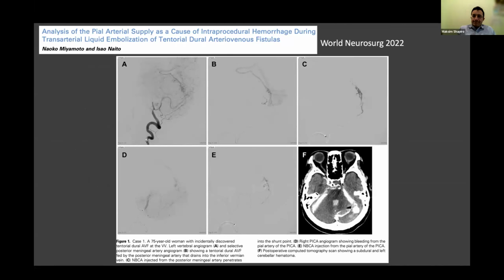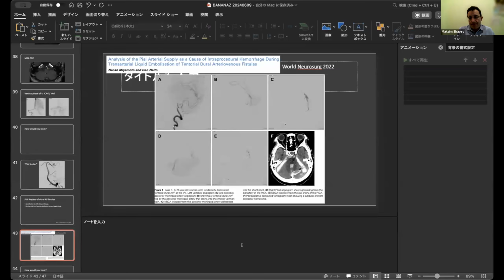We have one case among many, I don't know what the denominator is, but it does happen. I mean, this PL supply doesn't seem that strong, and there's certainly something there, but it doesn't seem so prominent that I would be that concerned.